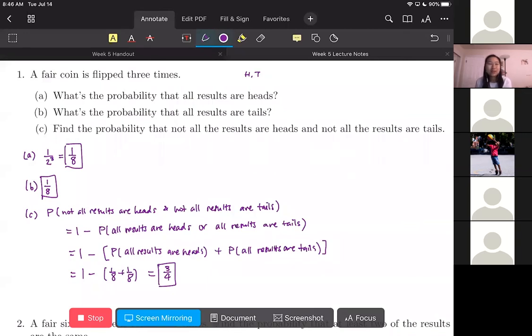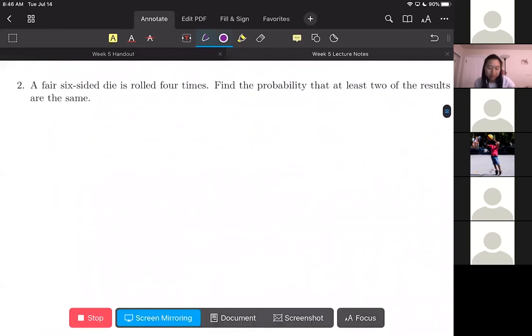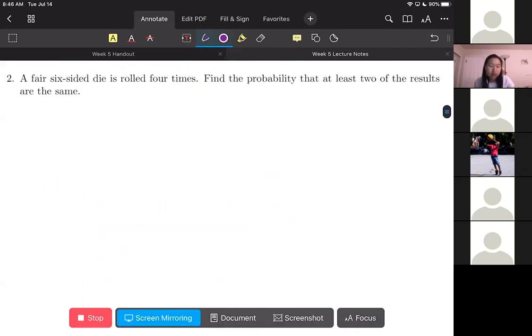All right, then let's do a couple slightly harder questions till we get the hang of it a bit more. So here's a similar question. This goes back to the earlier question about what if there's a bunch of outcomes? So this one says a fair 6-sided die is rolled 4 times.